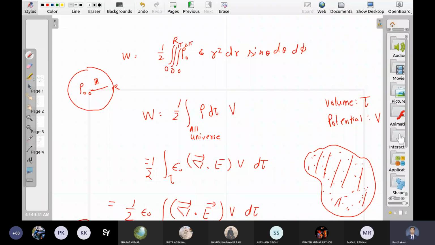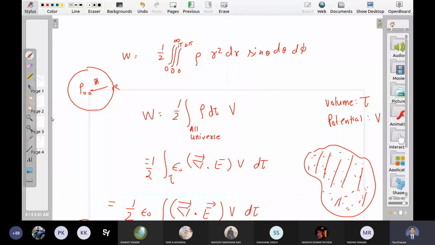Now I am saying, can I take limit 0 to infinity? Is there any problem? This is the density rho. Will something go wrong if I take limits from 0 to infinity?